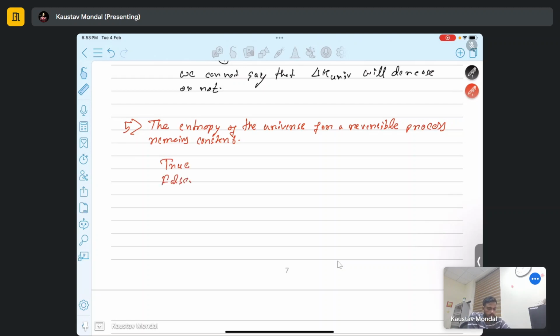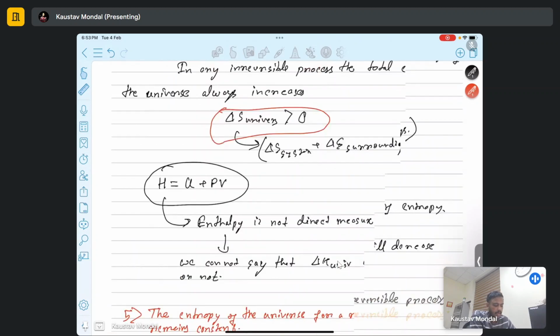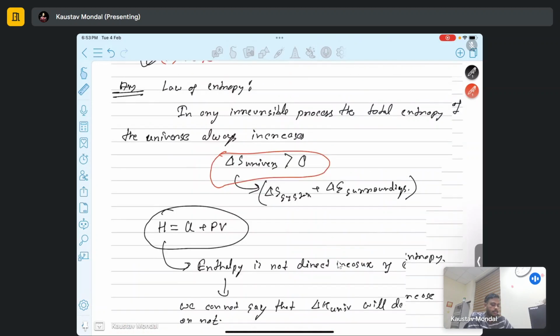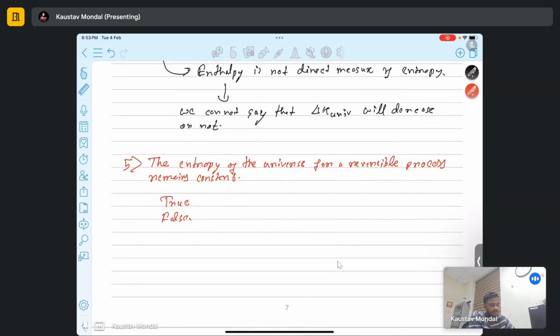To solve this, you need a very important concept in the laws of thermodynamics that I purposefully did not mention in the previous problem.